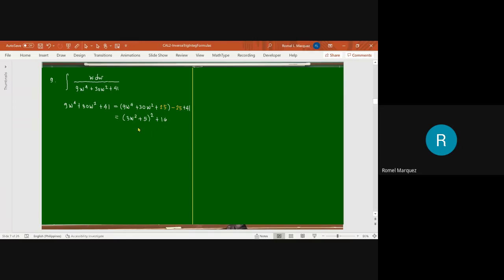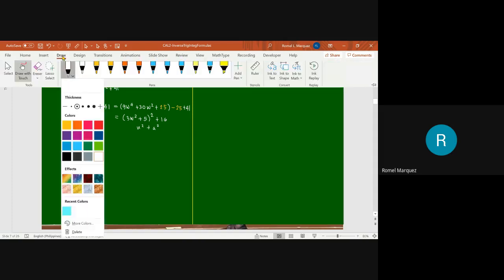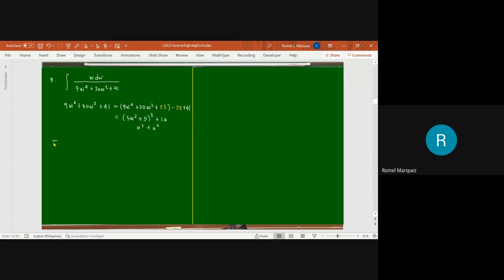So we can now express this in the form of u squared plus a squared, or a squared plus u squared. We can now write the integral as the integral of 16, that's a squared, plus u squared, 3w squared plus 5 quantity squared.